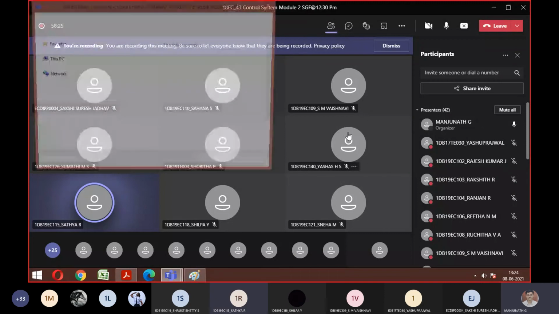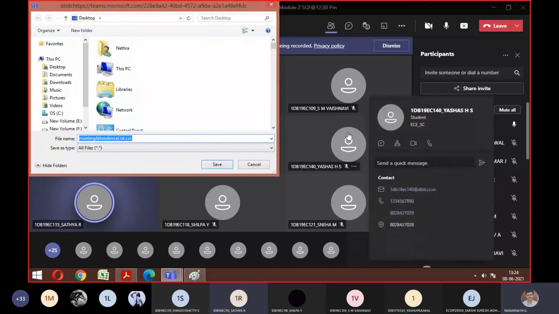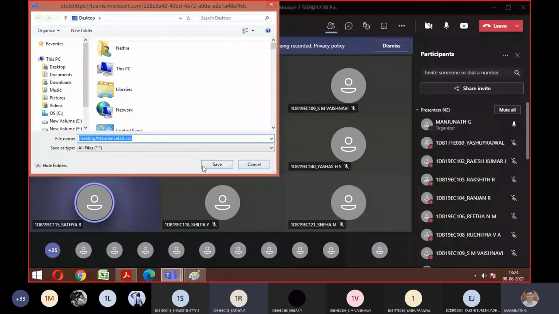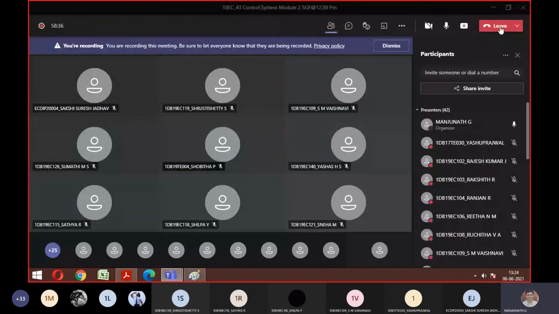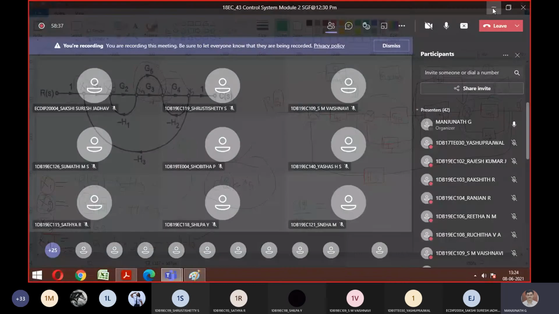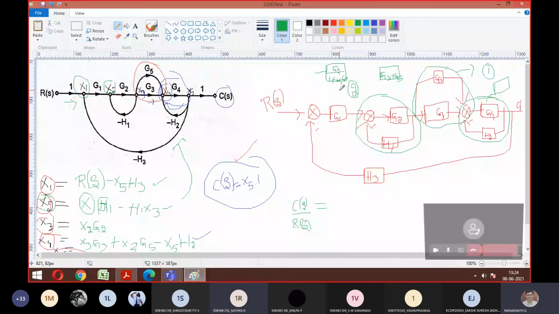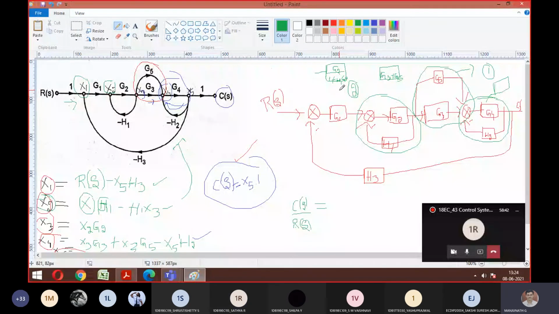G3 G4 plus G4 G5, you're taking numerator divided by denominator. Numerator, sir. Repeat. G3 G4 plus G4 G5 divided by something, I think 1 is missed.